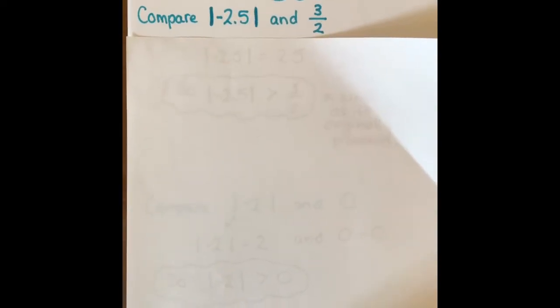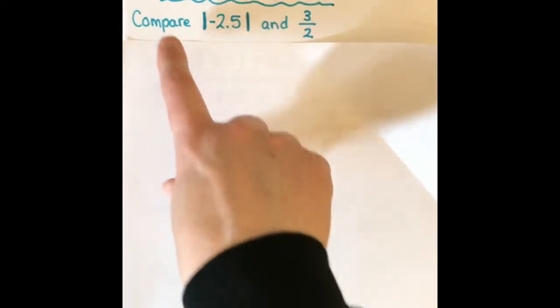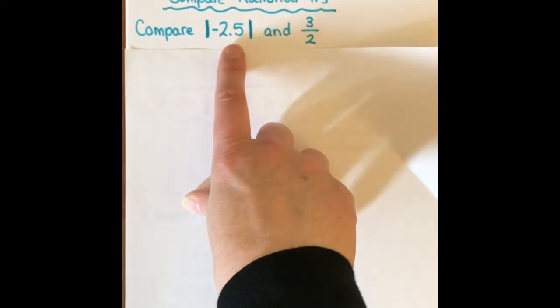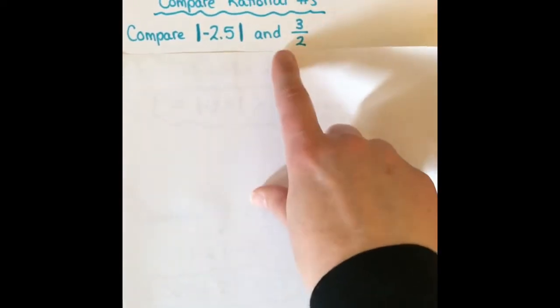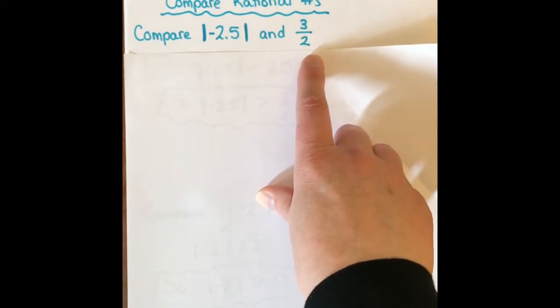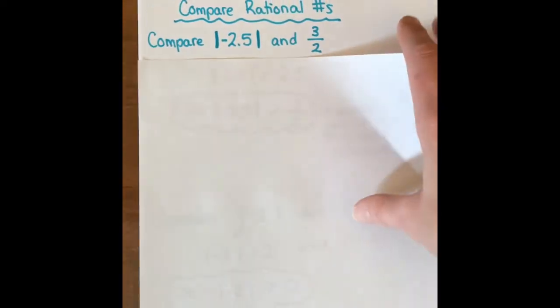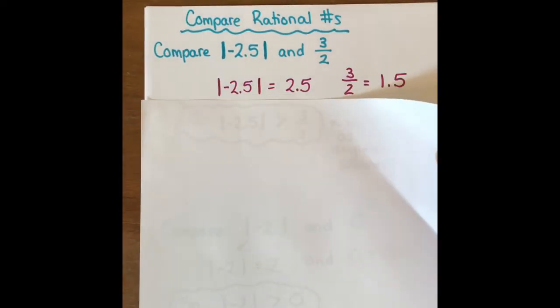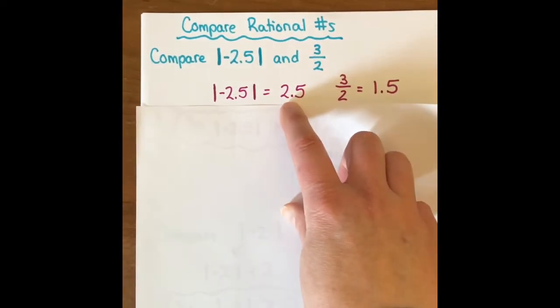Okay, let's see how we can compare rational numbers. So they want you to compare the absolute value of -2.5 and 3/2. So first we need to figure out what is the absolute value of -2.5. That would be 2.5.